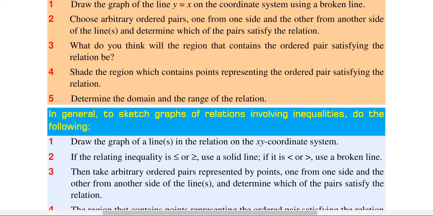In general, to sketch the graph of a relation involving inequalities, do the following steps.